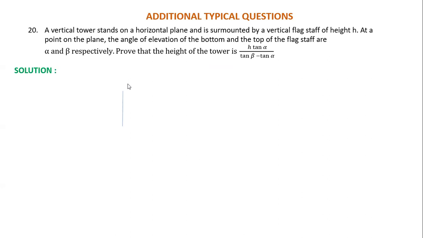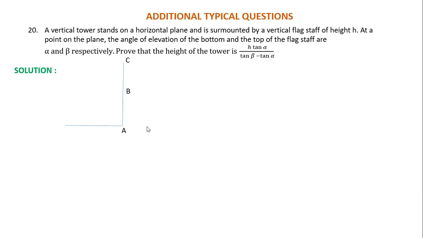So this is A, B. This is a tower. AB is a vertical tower on the horizontal plane. On the top of the vertical tower, there is a flagstaff. BC is the flagstaff. AB is the tower.